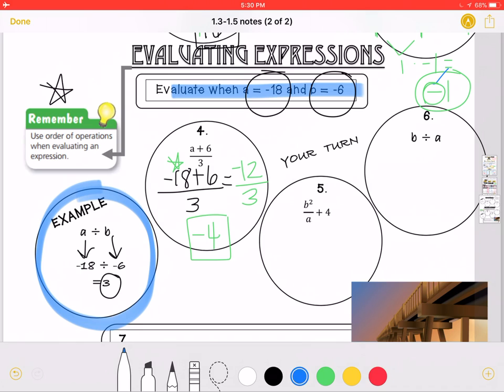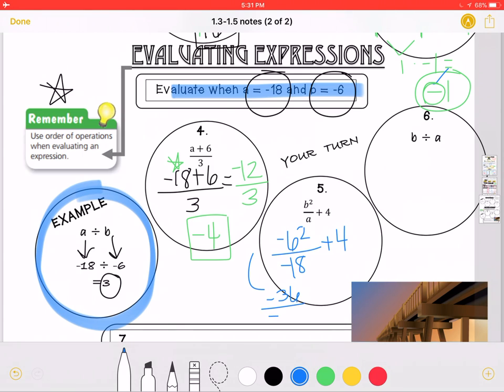Next, number 5, let's plug in B as a negative 6. A is a negative 18. And let's evaluate. We do our exponents first. Reminder, there's no parentheses there, so just bring that down into your answer. 6 times 6 is 36.